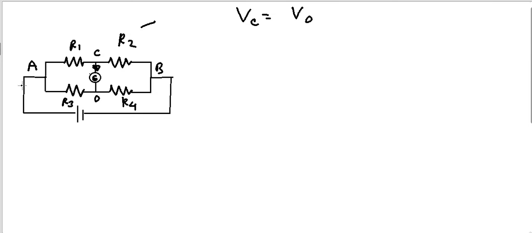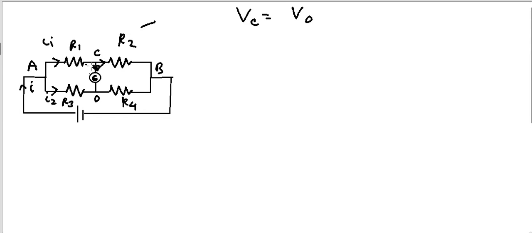Now let us assume that a current I is flowing in the circuit. It is divided into two branches, I1 and I2, and I1 is flowing across this, and because there is no current flowing through the galvanometer, the current flowing through this resistor is the same as the current flowing through this resistor.